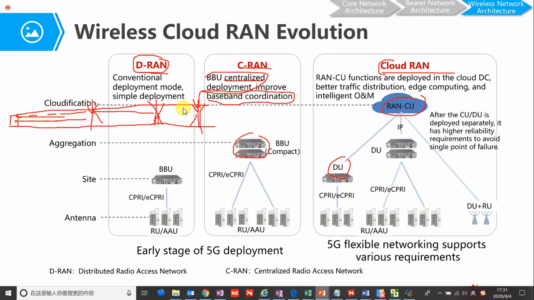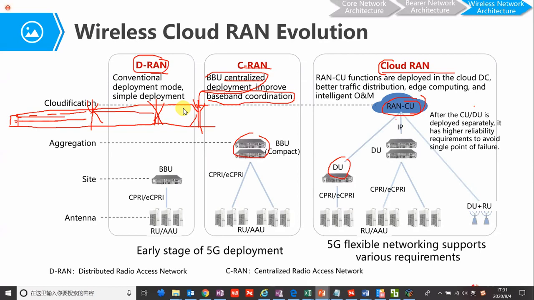And for the processing which is not real-time, usually just the control plane process and control signaling, will be deployed in the CU. So we can say DU is a simplified BBU.